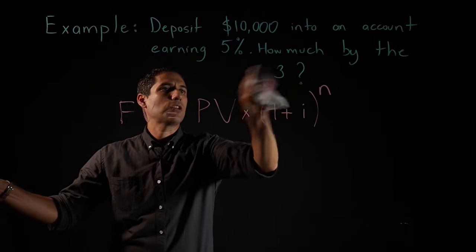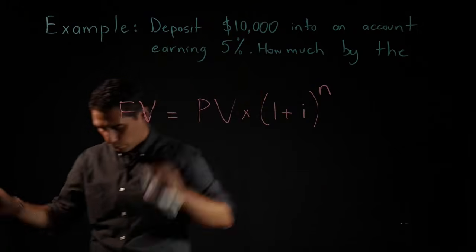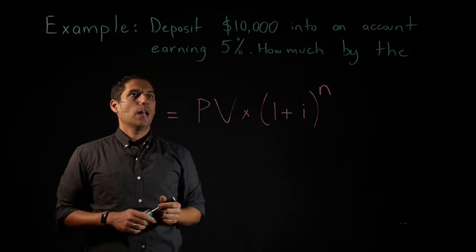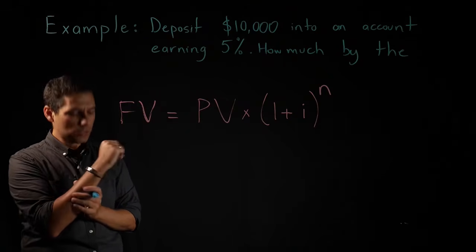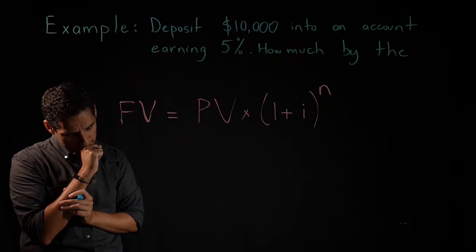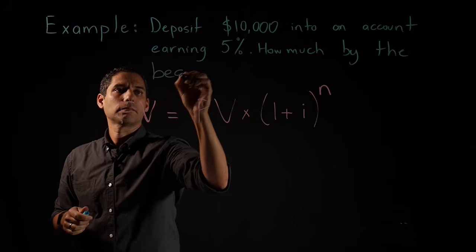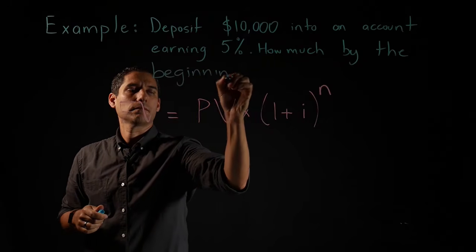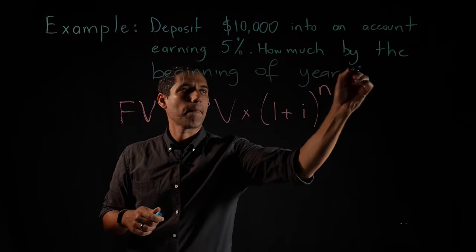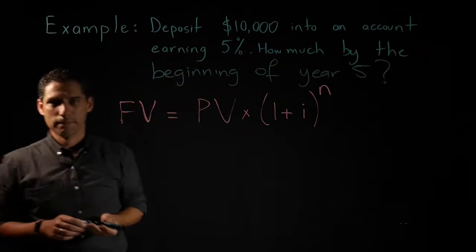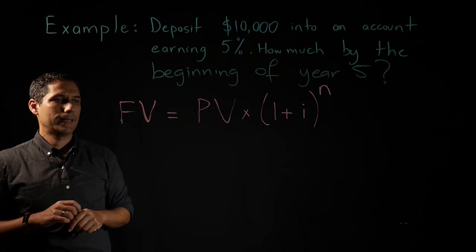Again, as I mentioned before, timing in time value of money is, of course, very, very important. So same cash flows, 10,000, 5%. How much by, let's say, by the beginning of, say, year 5? Right? So how much will we have in the account by the beginning of year 5?